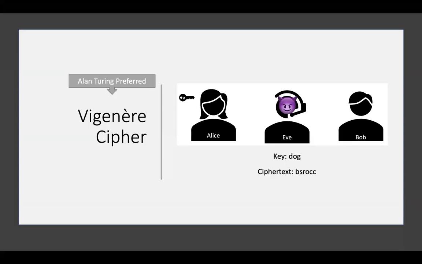And Eve heard that the ciphertext that is communicated is BSROCC. So Eve is trying to figure out what Alice and Bob are talking about.